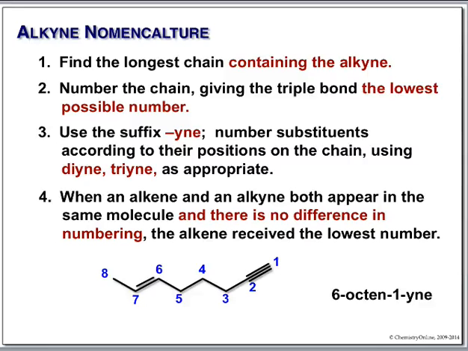Just for the heck of it, the nomenclature question for alkynes that was on the exam was this one. Oh, I forgot to say, this name has something missing, doesn't it? Because we have stereochemistry around our double bond.